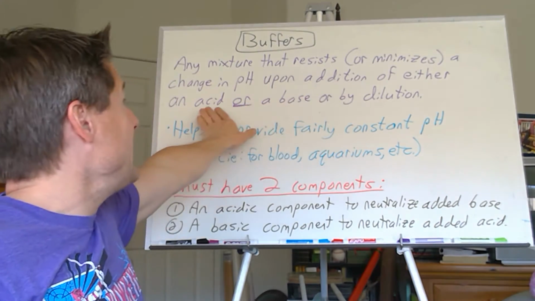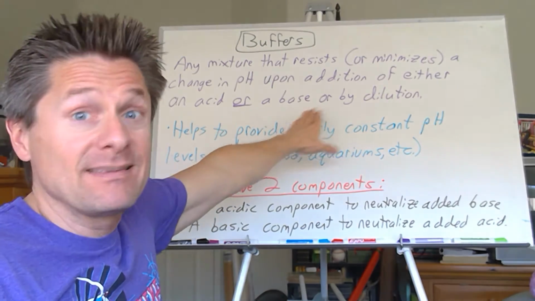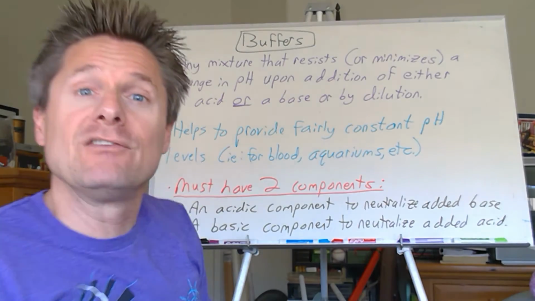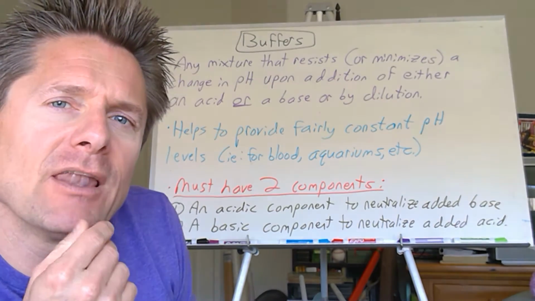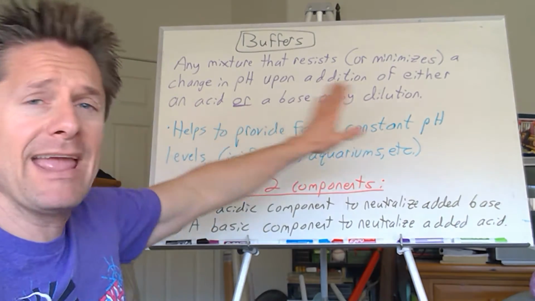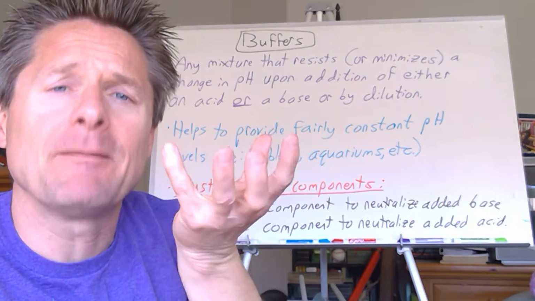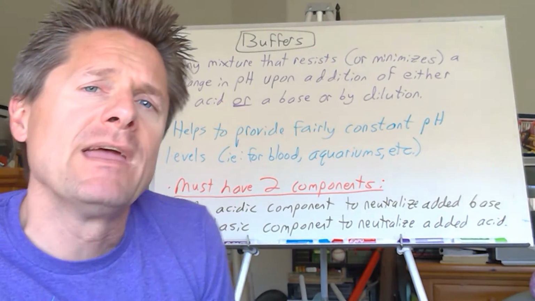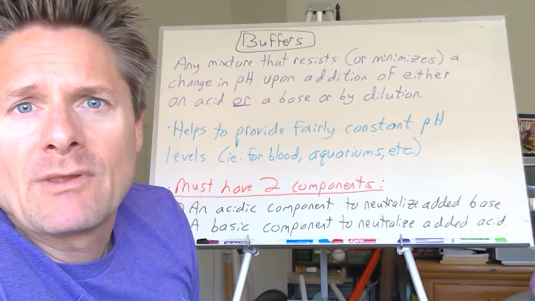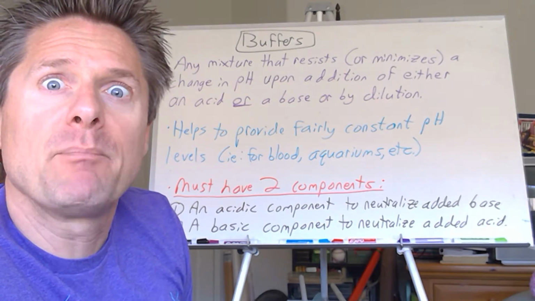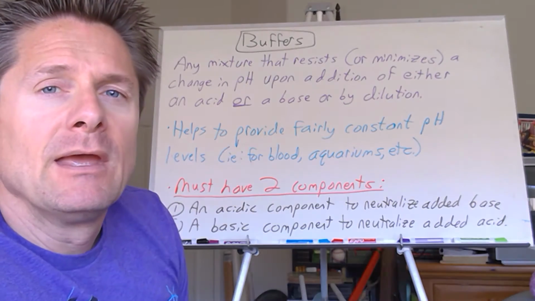Upon addition of either an acid or a base, or if you add water and dilute it, which would be more of a lab-based effect. We're not going to look at that in the lecture part. So we're going to say, hey, I've got this system, this solution, this mixture. And if I drip in some drops of, say, a strong acid, imagine if that was pure water, poof, that pH would just plummet, right?